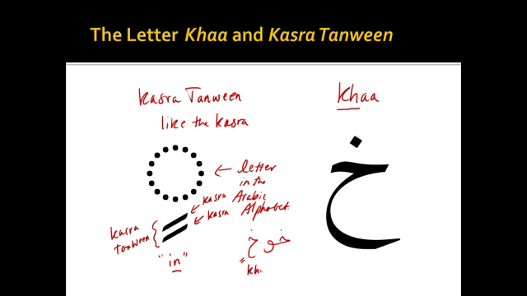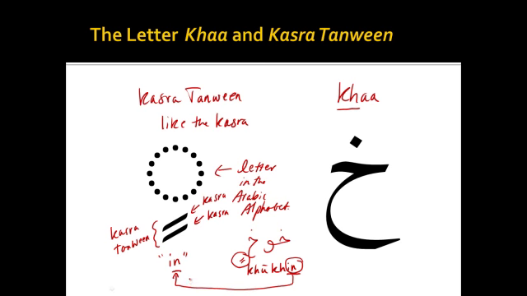So if you remember, we wrote it as khin. This in here is the same as this. And it is represented as 2 kasras below the letter.